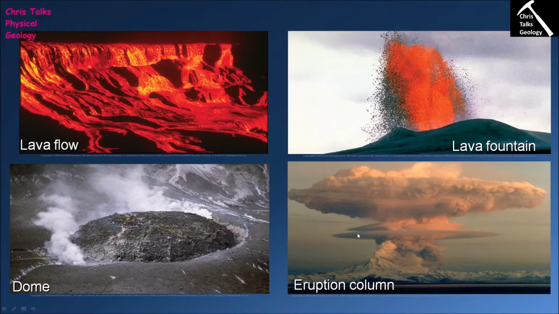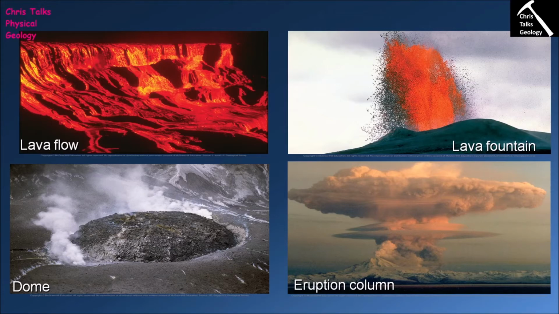And you will see that the column itself is spreading out. As it gets higher into the atmosphere, the winds tend to push this material sideways, and it ends up producing this mushroom cloud-like appearance.